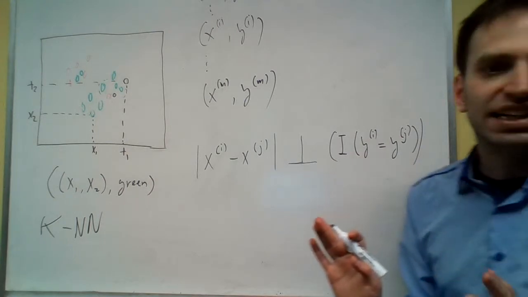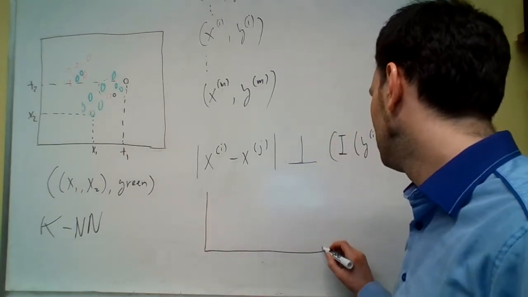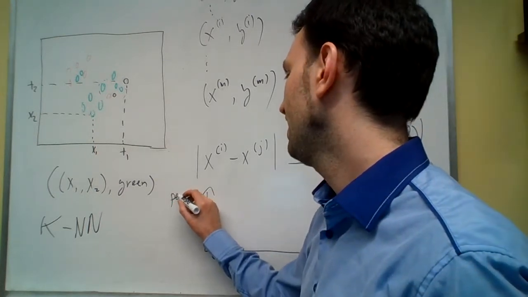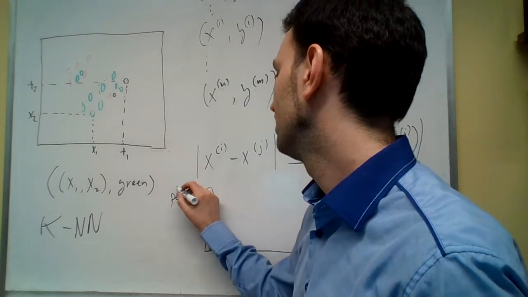If that is the case, what's the curve going to look like if we plot the performance versus k on the validation set?